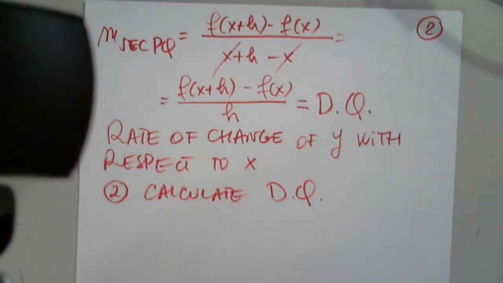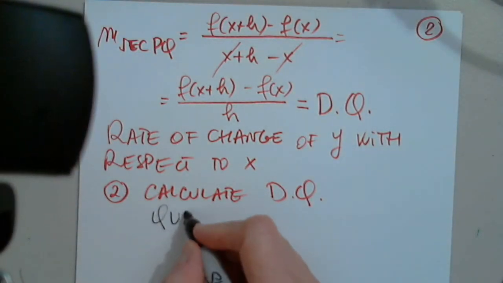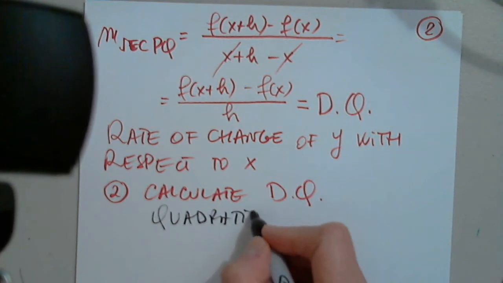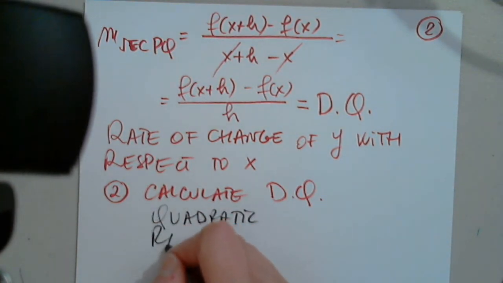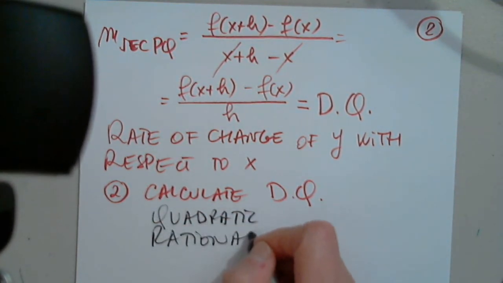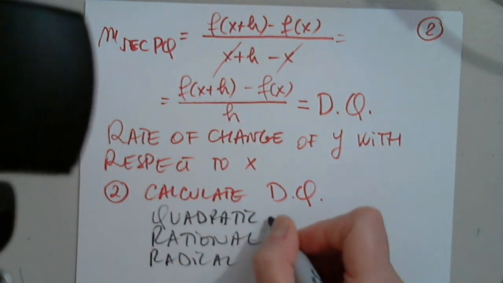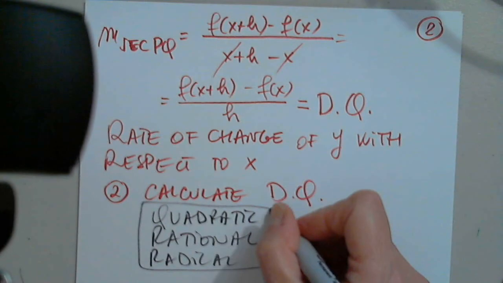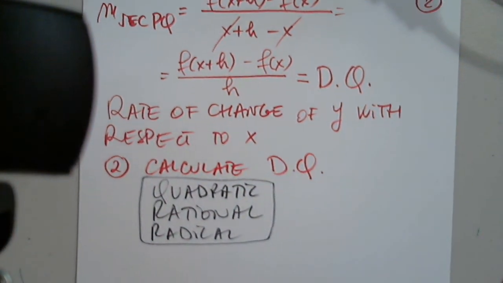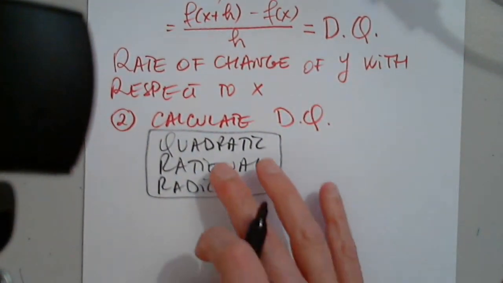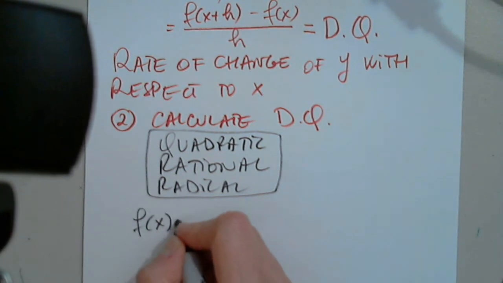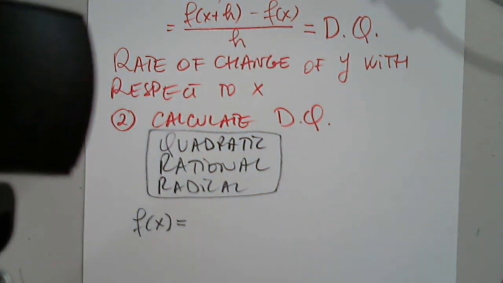For now, let's stick with quadratic, rational, and radical functions. Let's calculate for each. Make up one. Let's start with the quadratic. Make up any quadratic function that you think of, and let's calculate the difference quotient for that.